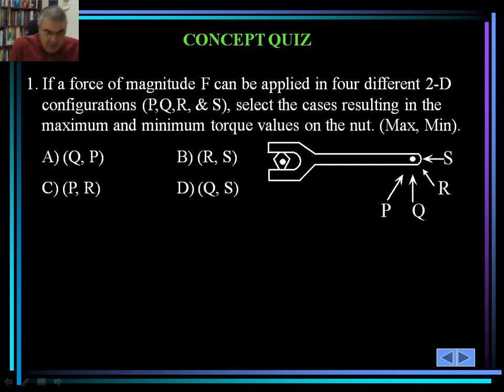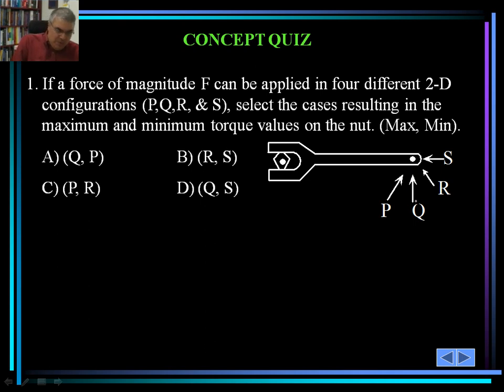Now, if a force of magnitude F can be applied in 4 different 2D configurations, look at all the different force configurations that are shown: S, R, Q, and P. Meaning that if you want to apply the force P, we can apply it upward, kind of upward, in this direction that's shown.